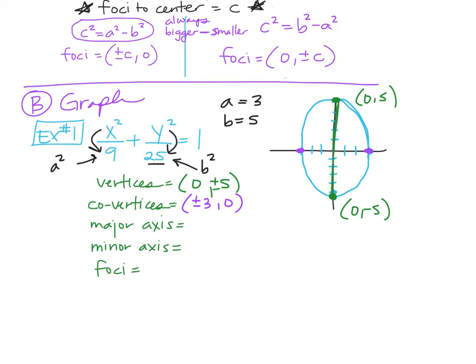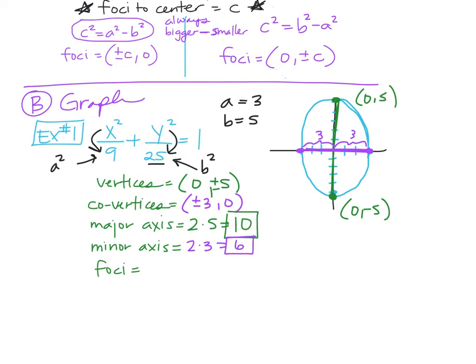Well, if we were at the center and we went 5 up and we went 5 down, that's 2 times 5 or 10, right? So you can do 2b, or you can just say, I know that is 10 units. The minor axis then, you're going here with that, and that was 3 units this way, and it was 3 units this way. So that's 2 times 3, or 6 for the minor axis. And then the foci.